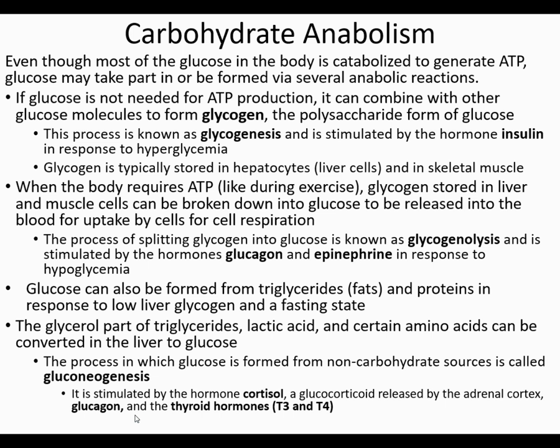That is stimulated by glucagon and epinephrine. Glucagon, remember, I used the phrase to help you remember, we secrete glucagon when glucose is gone, aka hypoglycemia, low blood sugar. What's the kind of general term for epinephrine?